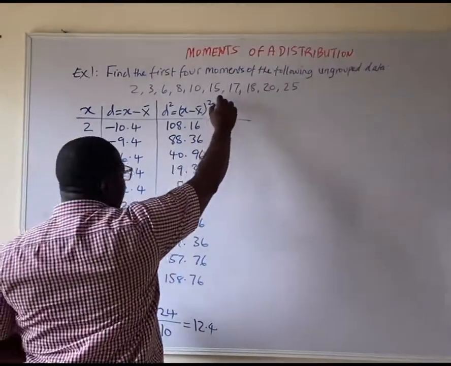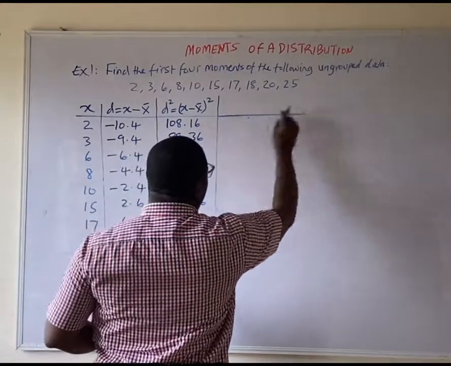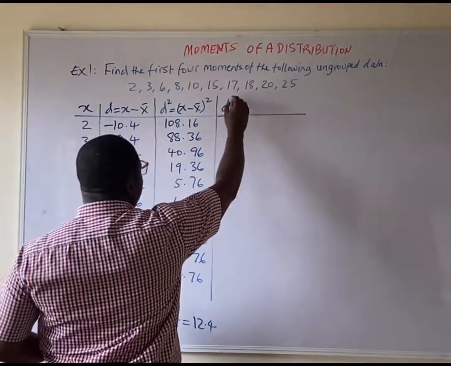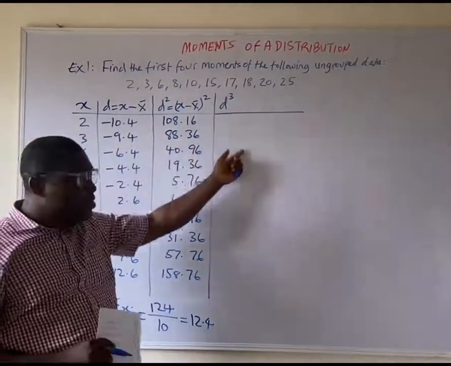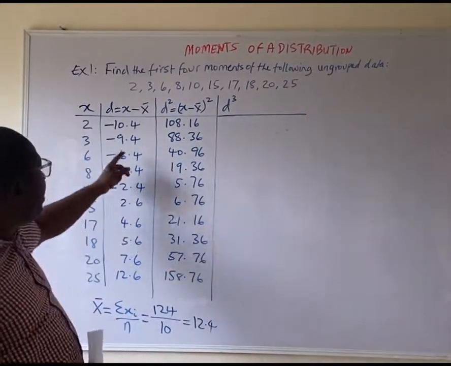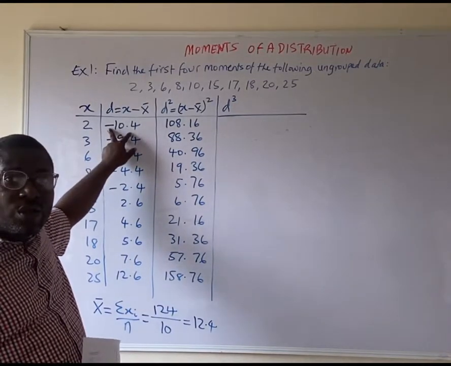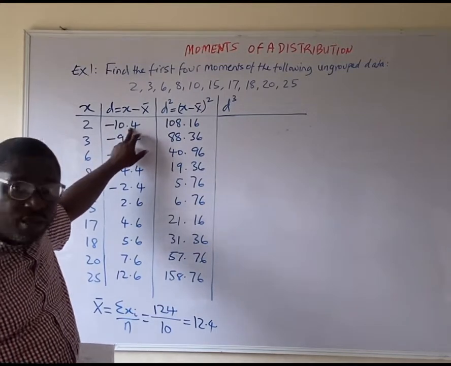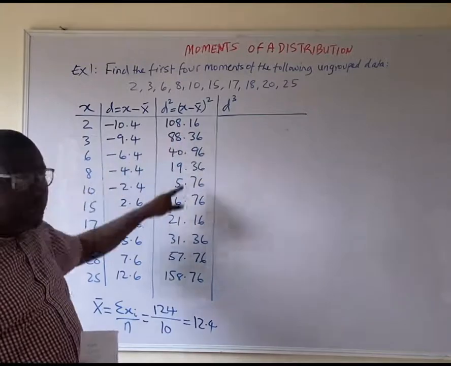We now go on to calculate the third degree of deviation, that is d raised to power 3. To get the values of d raised to power 3, you either have this in your calculator, minus 10.4 raised to power 3, or you simply multiply these values by these values.